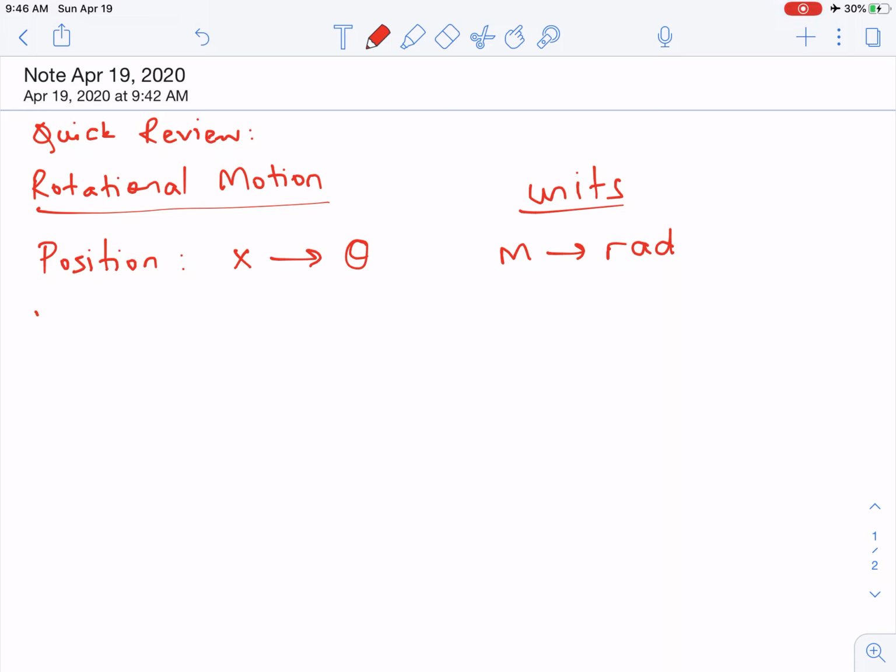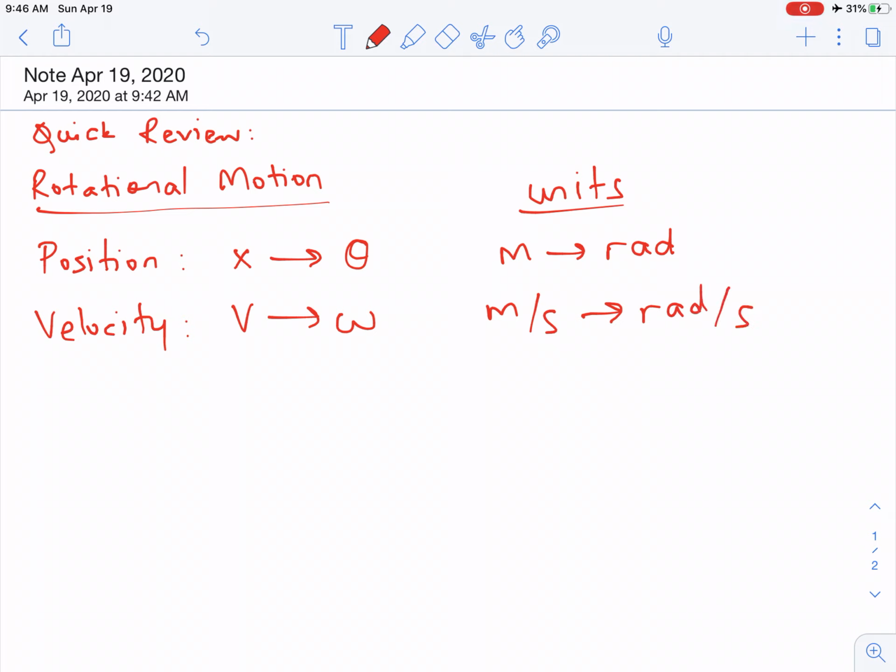And for the velocity, we had v as the linear velocity, or sometimes we also call it tangential velocity. And that is related to omega. Again, the linear velocity unit is meters per second, and angular velocity, which is omega, is radians per second.